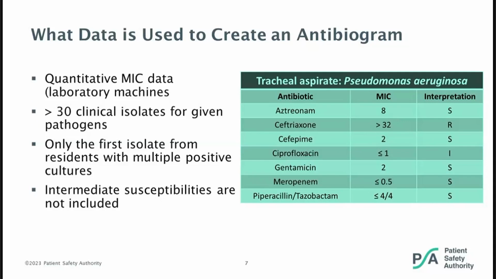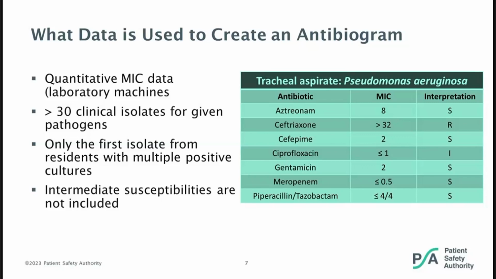Only the first isolate from residents with multiple positive cultures. And then your intermediate susceptibilities are not included in creating your antibiogram. So again, only the first isolate from residents regardless of body fluid sources.